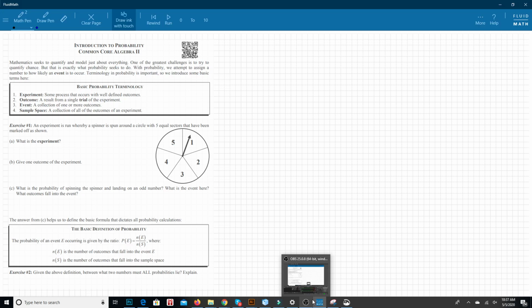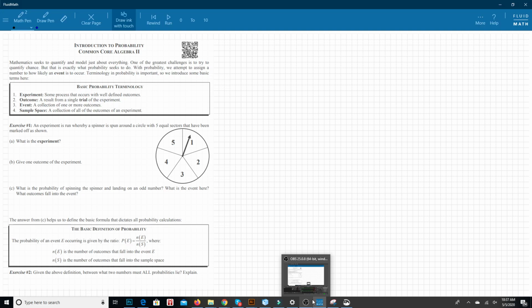All right. So mathematics seeks to quantify and model just about everything. One of the greatest challenges is to try to quantify chance, but that is exactly what probability seeks to do. With probability, we attempt to assign a number to how likely an event is to occur. Terminology in probability is important, so we introduce some basic terms here.